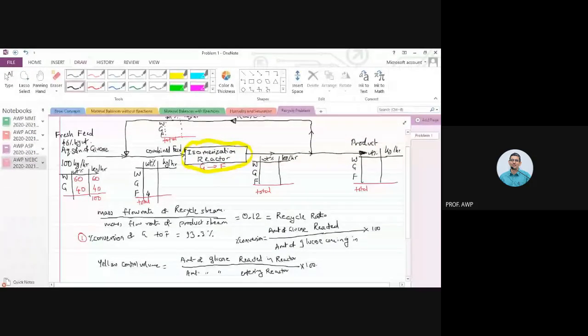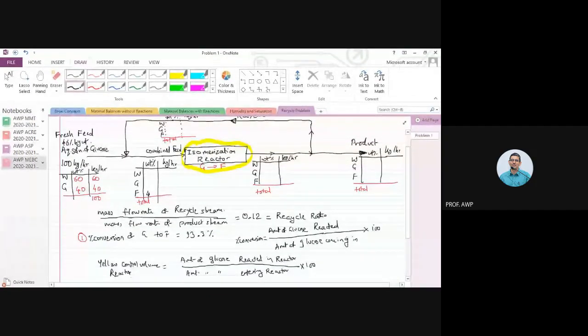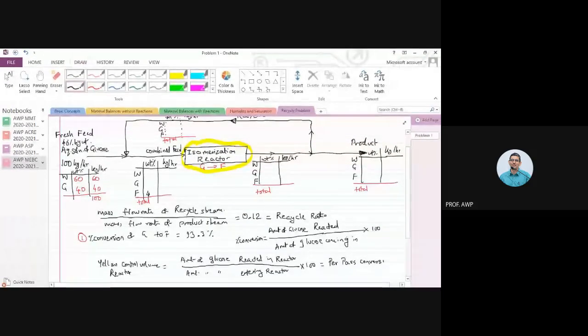This is also a kind of conversion across this yellow control volume, which is our reactor. This is called per pass conversion. Per pass, meaning that every time that much amount of glucose enters, that much amount of conversion will happen.